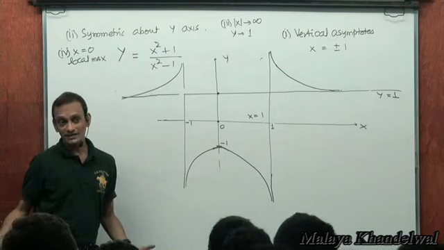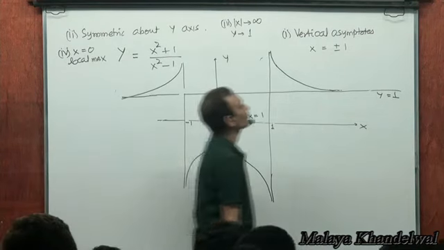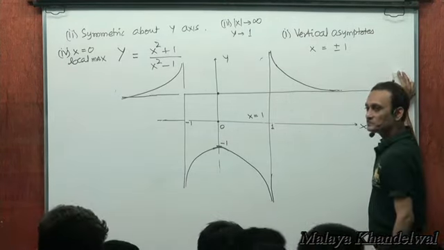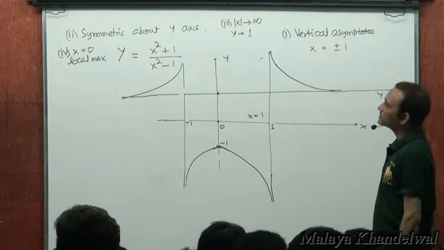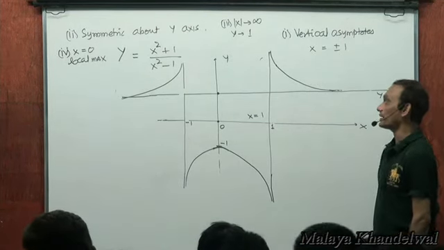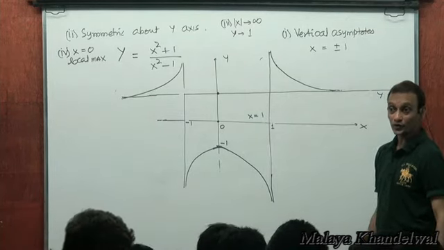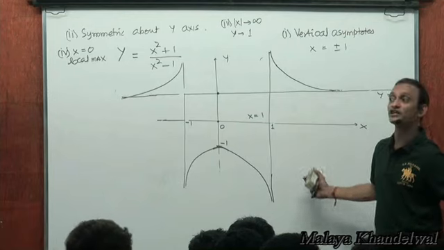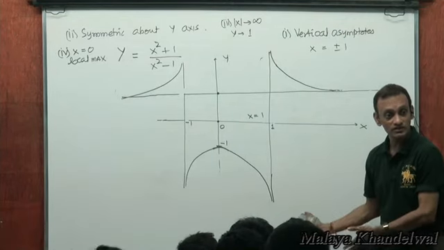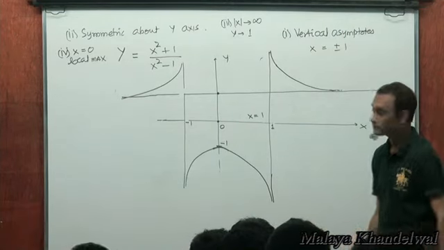Are you fine with this? This is the graph of y equal to x square plus 1 by x square minus 1. Do you understand all the spontaneous stages that led to drawing this trace? Right? Can I wipe this off?